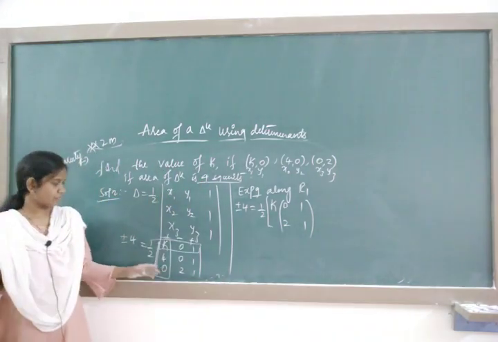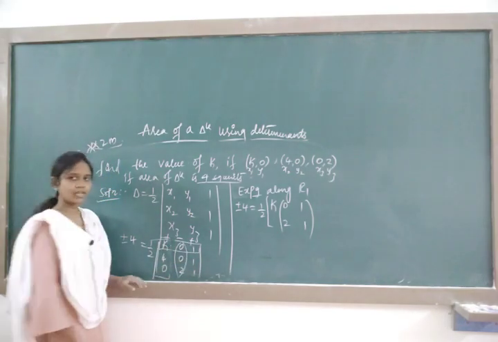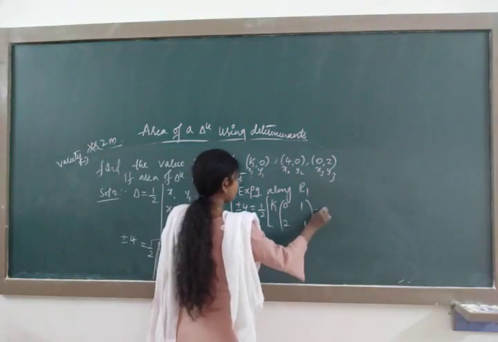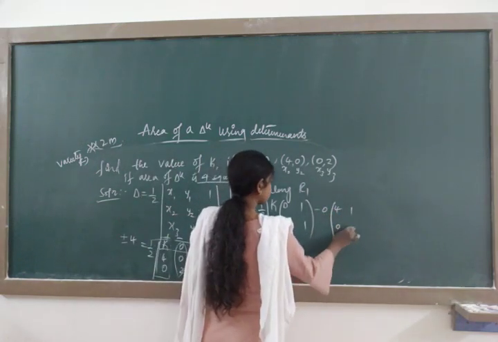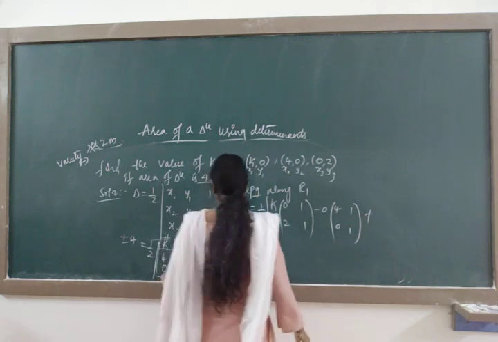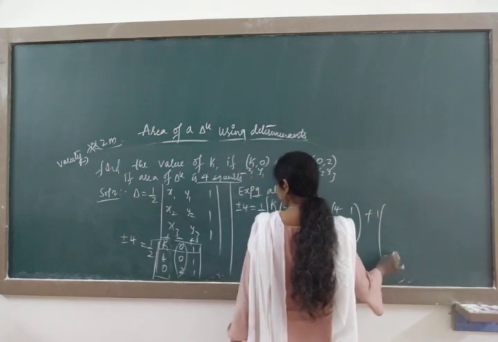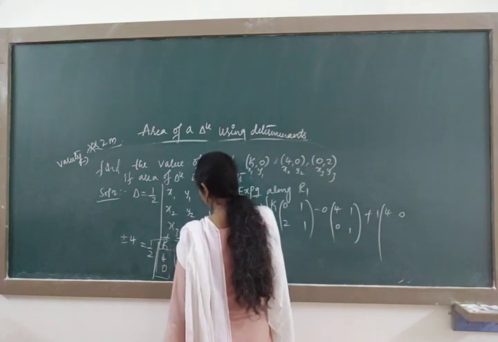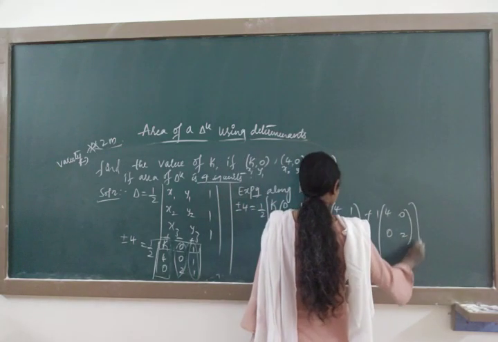Next, the first column will open. Now the second column will get closed, and it's minus 0 of 4, 1, 0, 1. Next plus 1 of, now the third column will get closed, it's 4, 0, 0, 2.